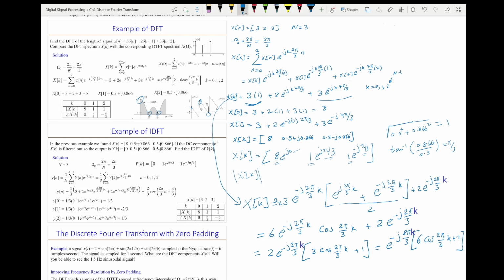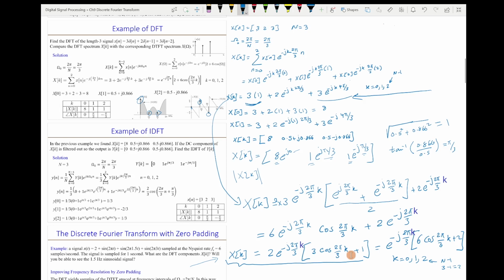So that's x of k. But this is valid only for k equal again 0, 1, and 2, where this is just N minus 1, 3 minus 1 is 2. So that's another way of expressing x of k in a closed form. You express it in this form is good. You express it in this form, that's also fine.